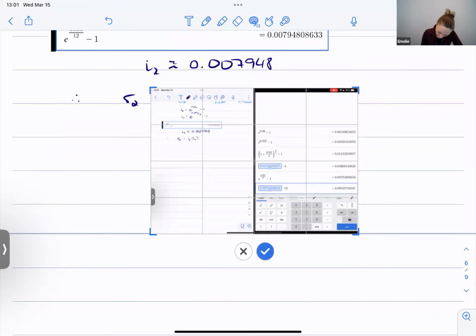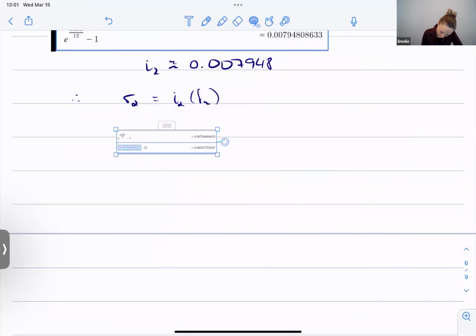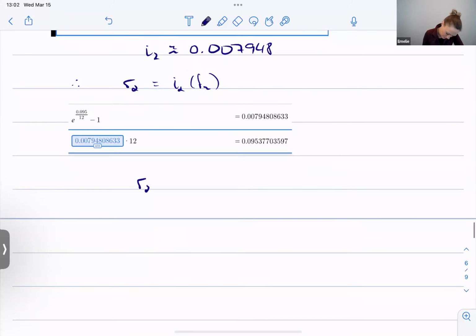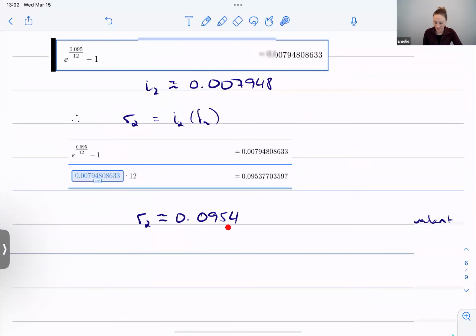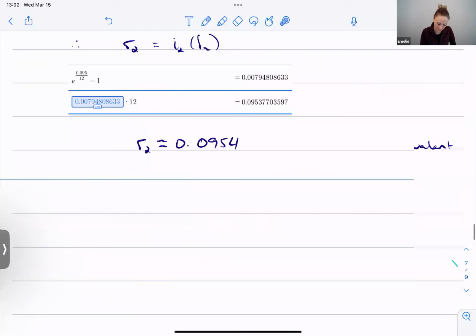R2 is roughly 0.0954, which means that 9.54% compounded monthly is equivalent to 9.5% compounded continuously.